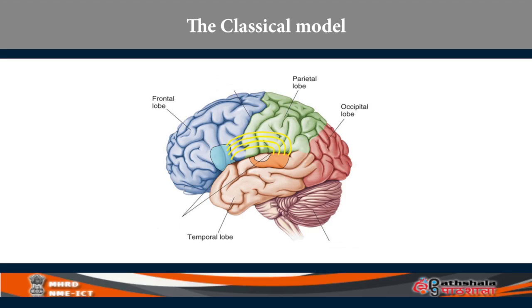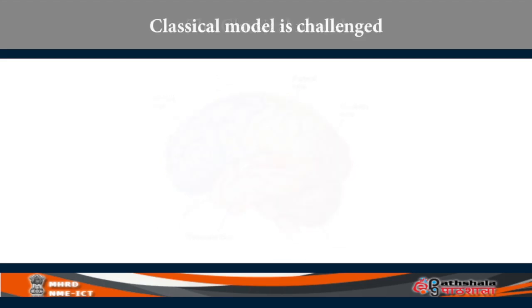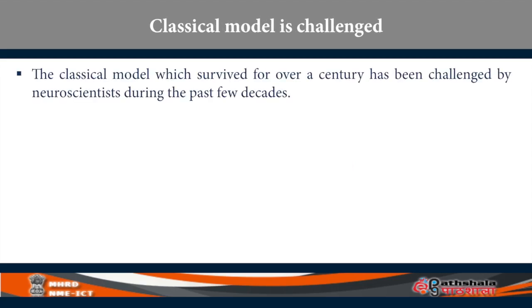Now, in the past 3 to 4 decades, the classical model has been challenged. Although it survived for more than a century, new challenges have come up in neurolinguistics. The new question neurolinguistics is asking is, why do you have to accept that the left hemisphere is dominant in the majority of people, that only Broca's area is responsible for production and Wernicke's area for comprehension?